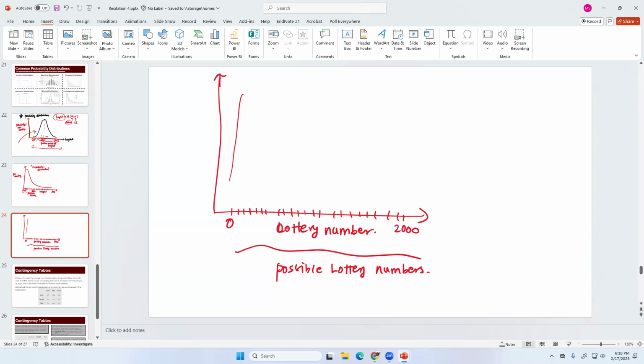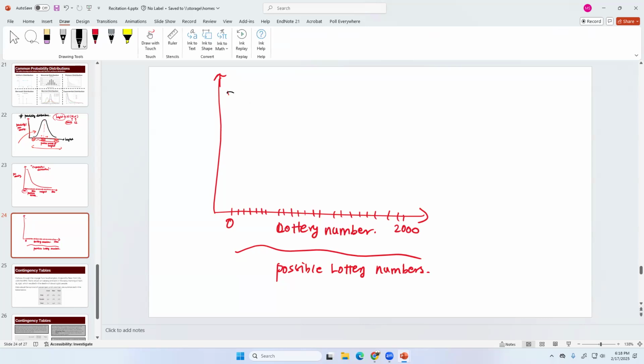That makes sense, right? And then what happens if I do this here? What would be a problem? There is definitely a problem. And this is the probability, right? So probability density. True. But it's not the amount of lottery, it's the literal lottery number you have.